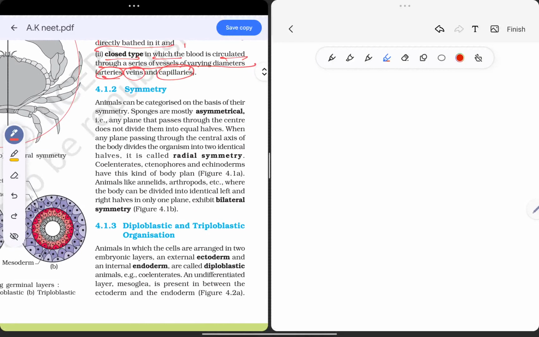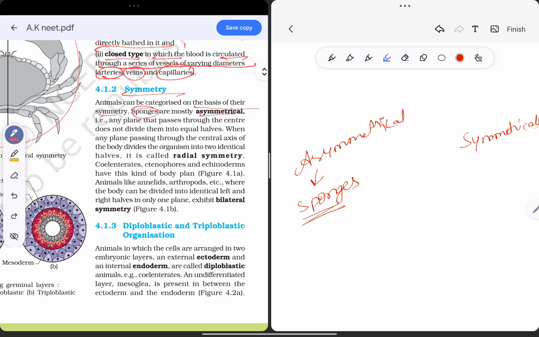Next is body symmetry. It can be asymmetrical or symmetrical. Animals can be classified on the basis of body symmetry. Sponges are mostly asymmetrical, meaning they do not have any body symmetry, or particular shape.